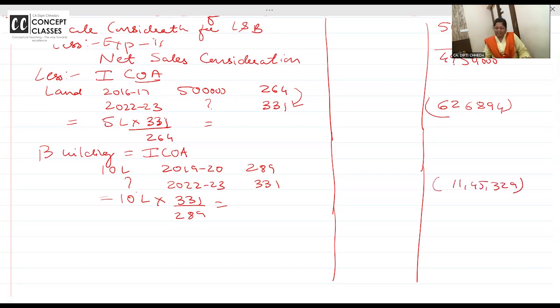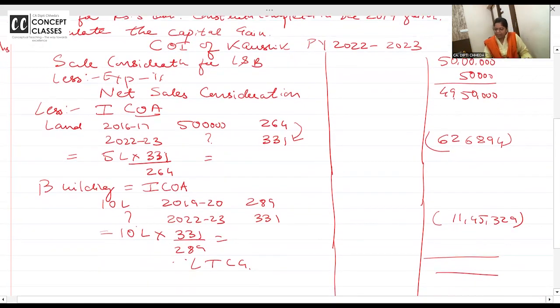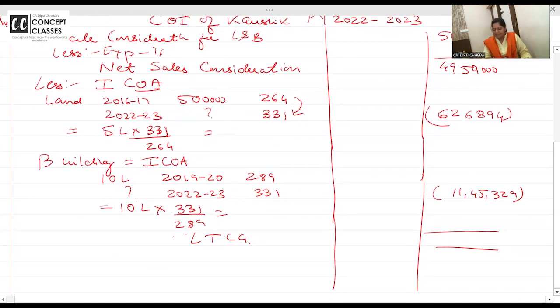Everyone should calculate. Done. Now, what you get, you call it long-term capital gain. How much are you getting? 49,50,000 is the net sale consideration, less indexed cost of acquisition, less indexed cost of improvement. See how much is coming. Today I had back to back classes, so I had to search for my calculator.